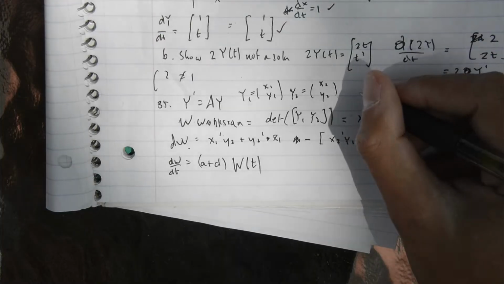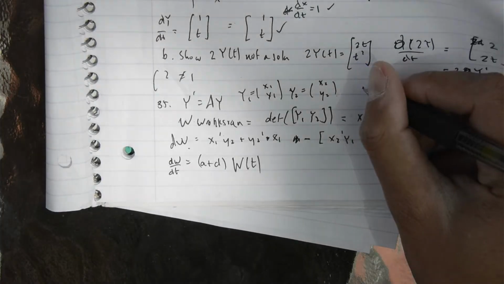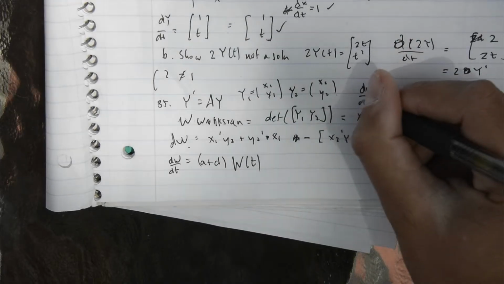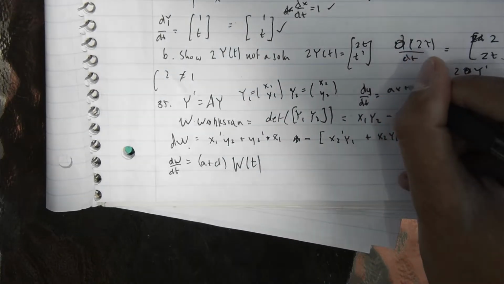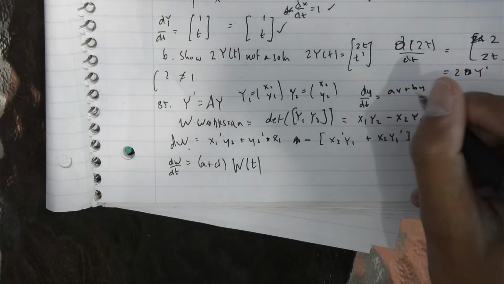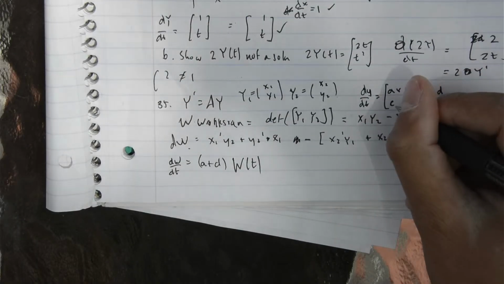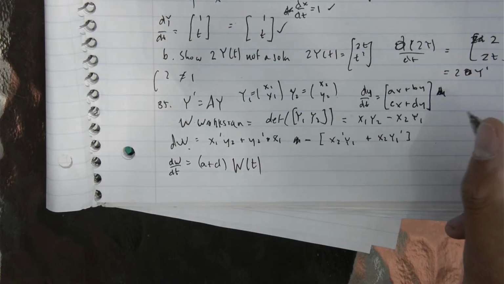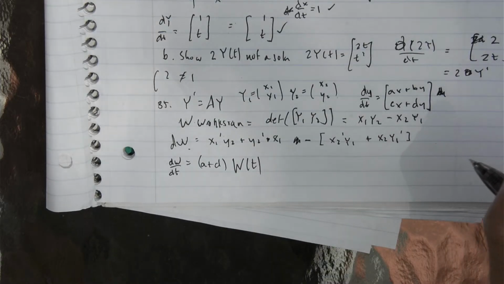Okay, so dy/dt is going to be equal to ax plus by, and this is cx plus dy, like that. So that's the whole form, the vector.